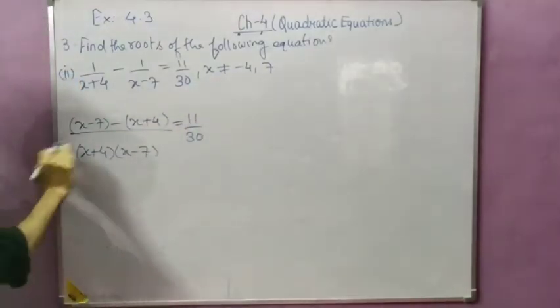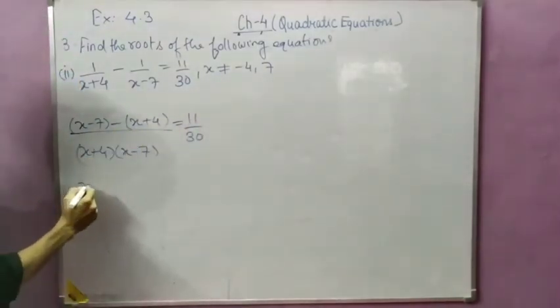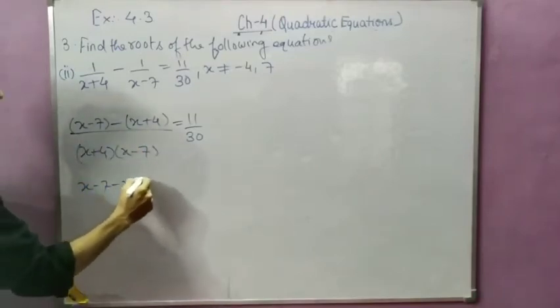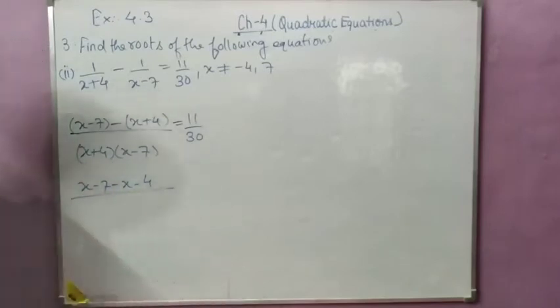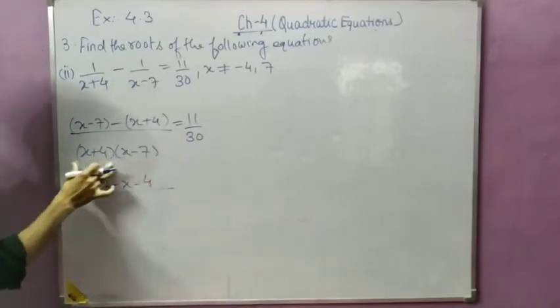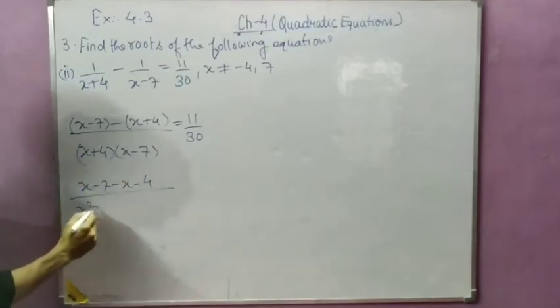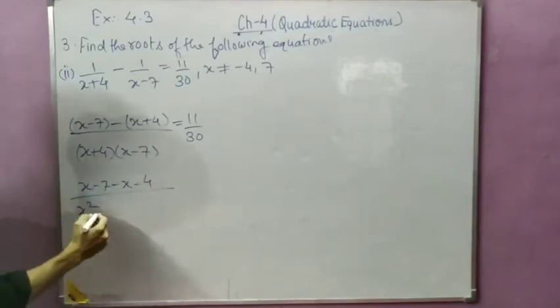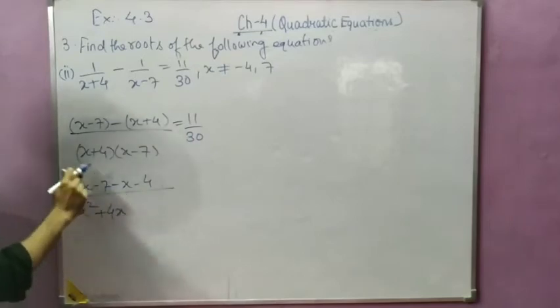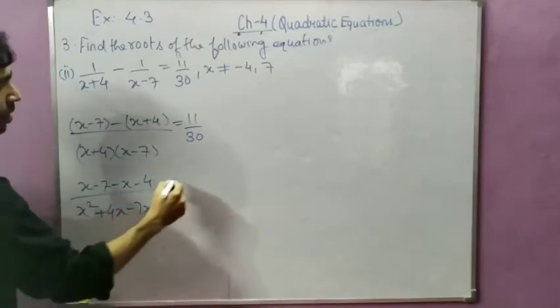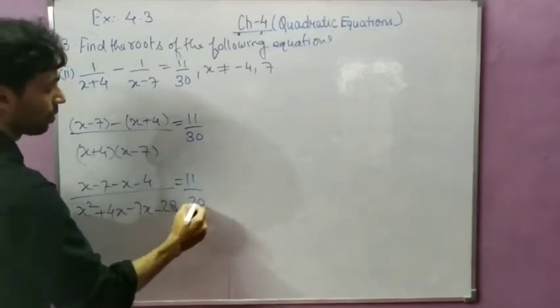Now open it. When you open the bracket, it will be x minus 7 only, and it will be minus x minus 4 this side. Now multiply these two. When you multiply these two, x into x will become x square, plus 4 into x is plus 4x, x into minus 7 is minus 7x, and minus 28, equal to 11 by 30.